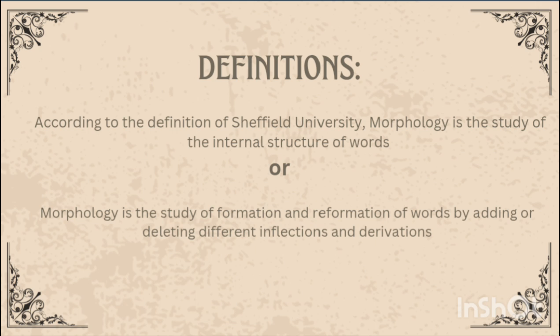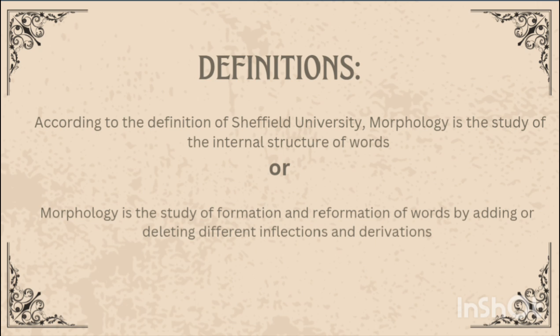We can form words, like construct words, and then we can reconstruct words. Reconstruct means we reproduce, or form again, the same word with changed meaning by adding other components, like inflections or derivations, like we add a suffix or prefix.